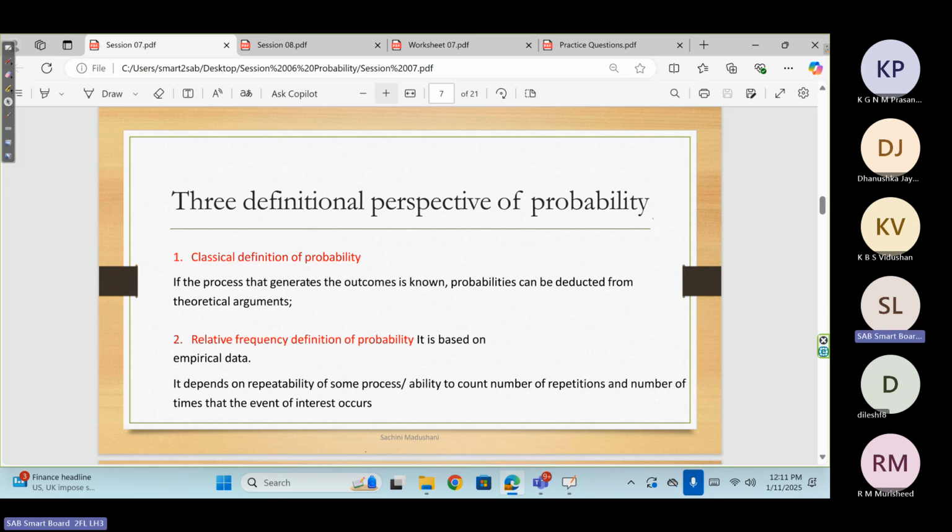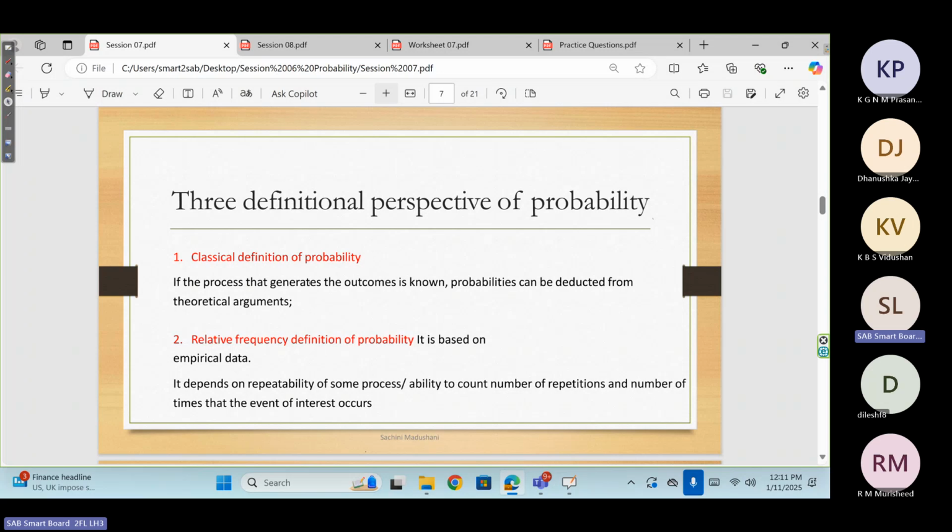Then simply we can take the example of tossing a coin. What are the outcomes we can get when tossing a coin? Head or tail. Then what is the probability we can get the head? 50% or 1 over 2.